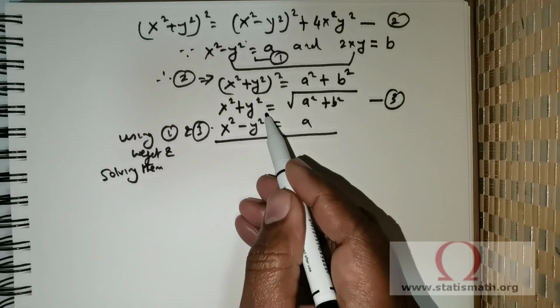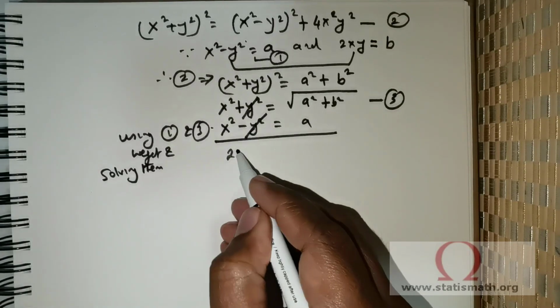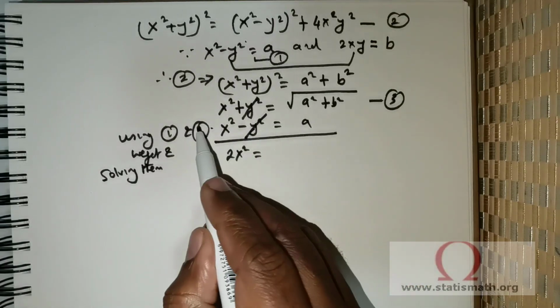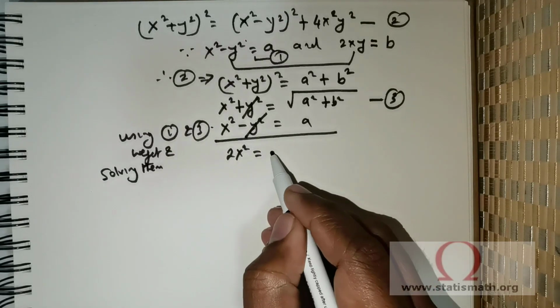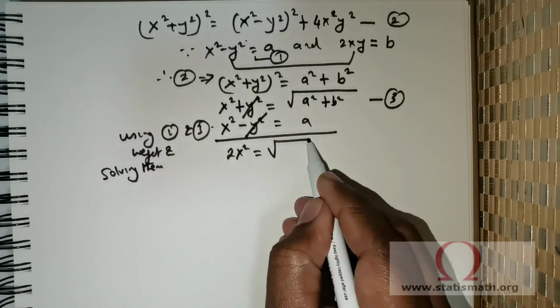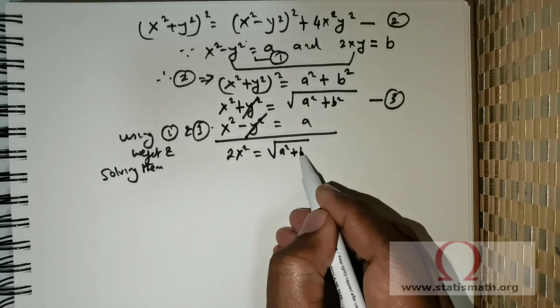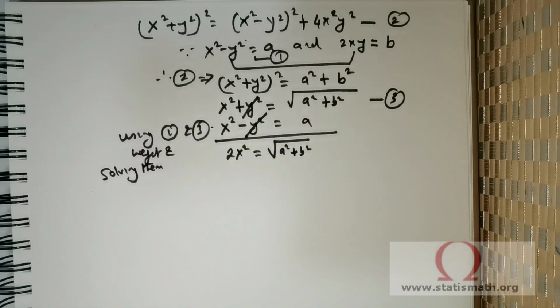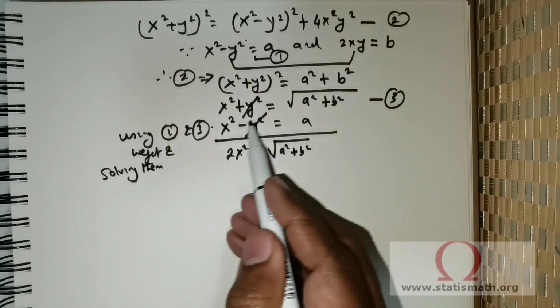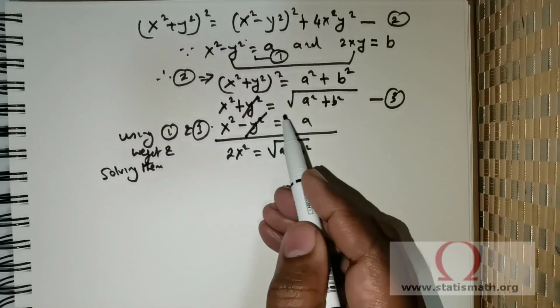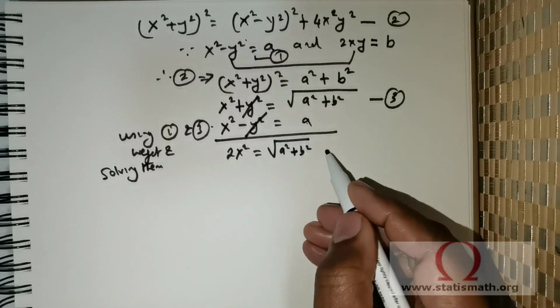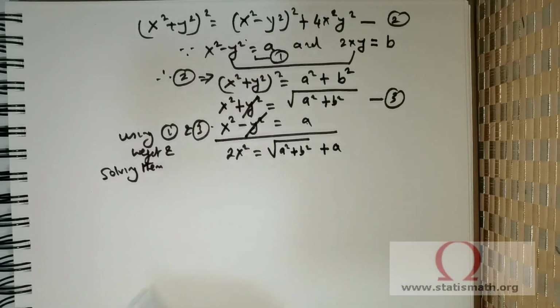Okay, so negative positive gets cancelled, giving me 2 times x squared is equal to root of a squared plus b squared. That has to be added because I'm not changing any signs, so the sign of a is positive.